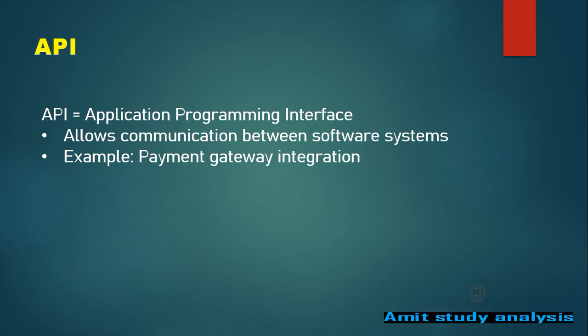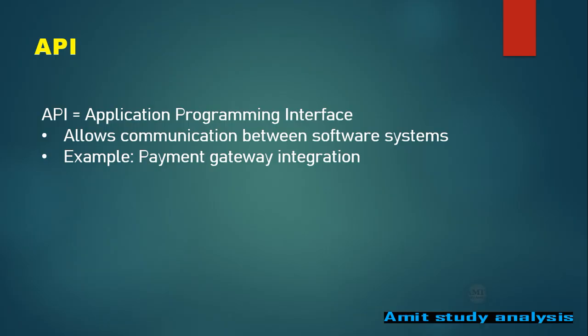There are also a lot of APIs which are used in Web 2.0. API stands for application program interface, that allows communication between software systems. If you want to communicate between two software, you need an API.